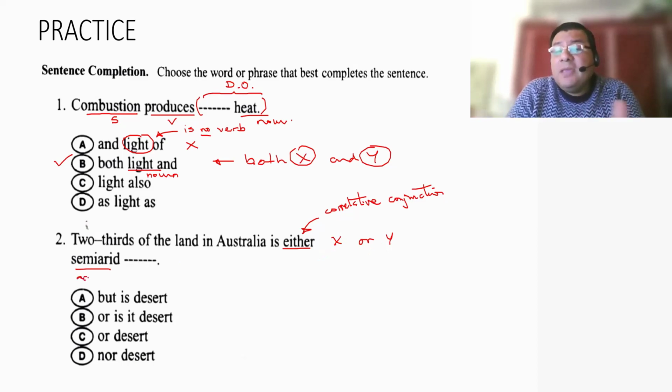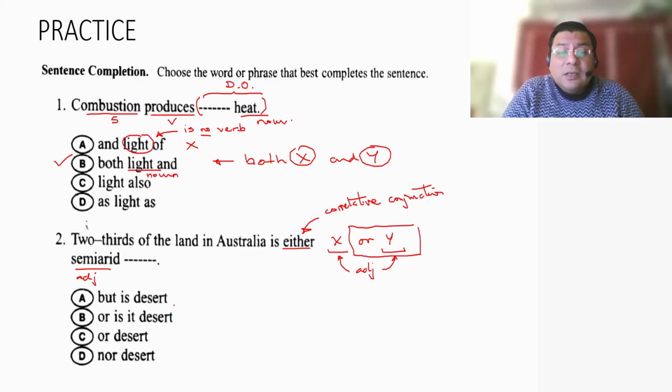So we have either semi-arid, which is an adjective here, and so we're supposed to look for one answer choice that has or and another adjective. Let's see the options. C is the correct one, or desert. Two thirds of the land in Australia is either semi-arid or desert. All right, correct answer choice C.